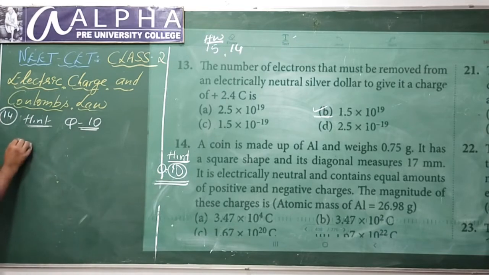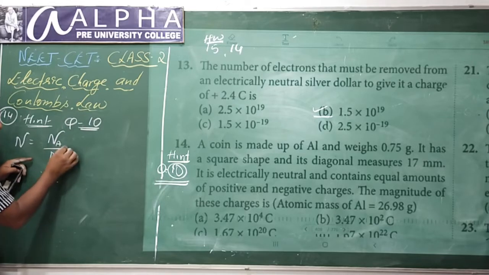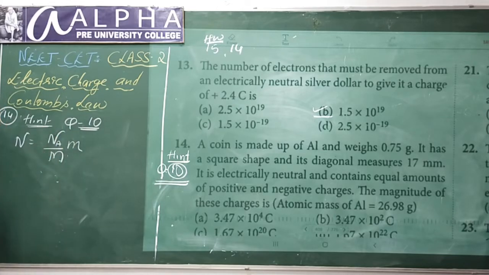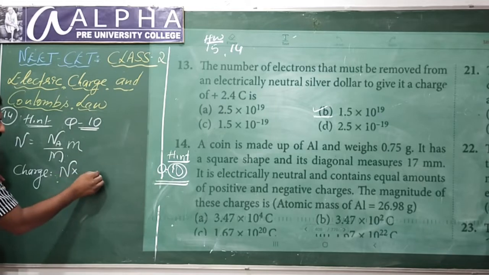There I wrote that the number of electrons or number of atoms in a sample is Avogadro number Na divided by M, atomic mass, into mass of the substance. Right? Now total charge is number of atoms into number of protons or number of electrons into e.